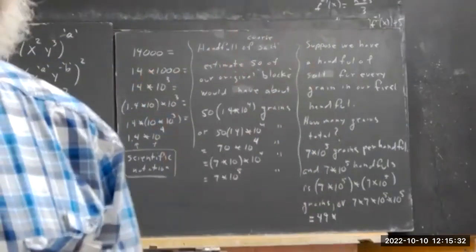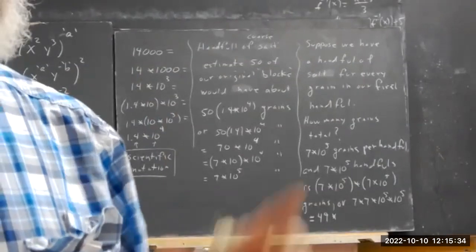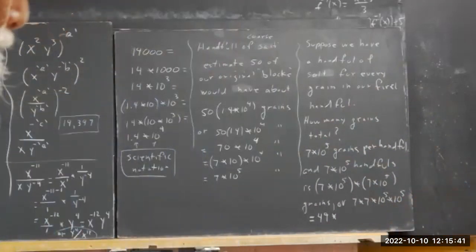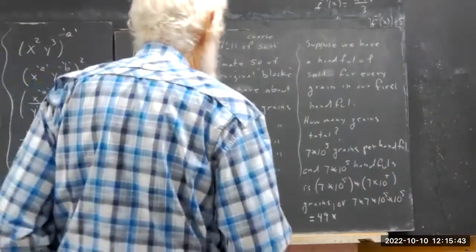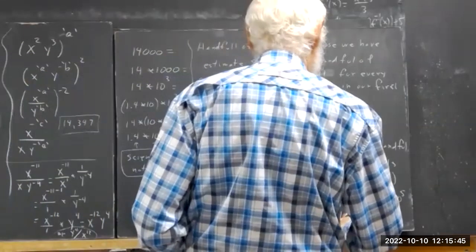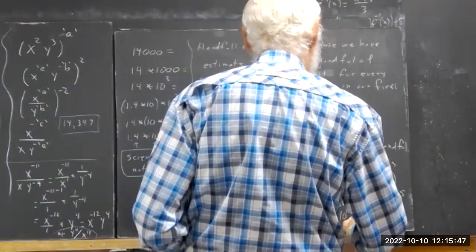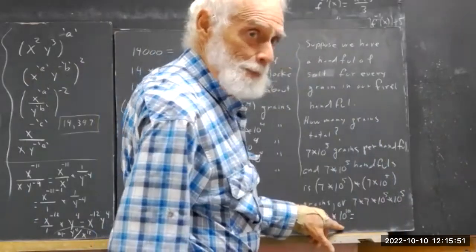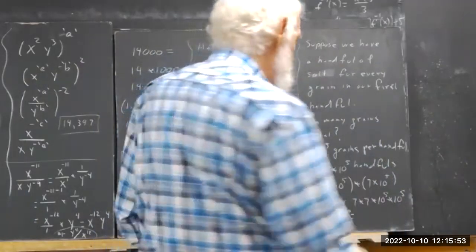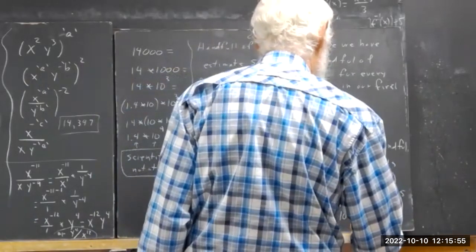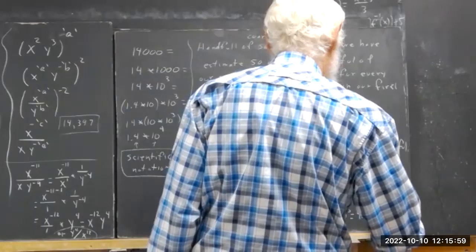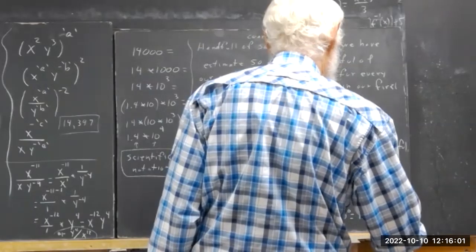Show me with your hand. Yeah, 10 to the 10th. You got it. 49 times 10 to the 10th. Well, that's 4.9 times 10 times 10 to the 10th, which is 4.9 times 10 to the 11th.